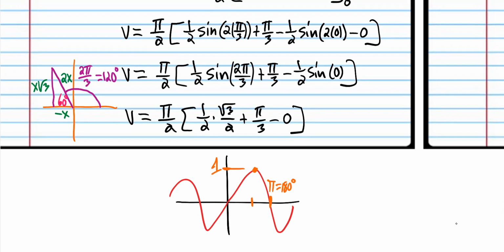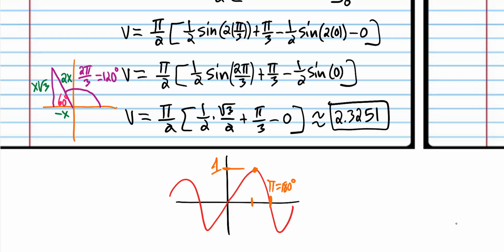So at this point, we can use our calculators. So we get root 3 over 4 plus pi over 3, and all that is multiplied by pi over 2, and so we get approximately 2.3251.